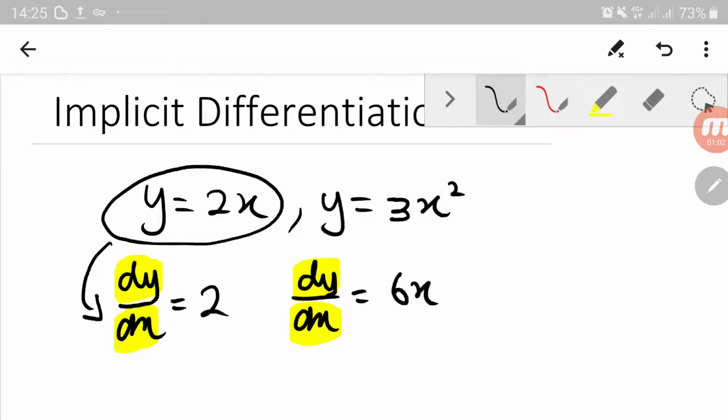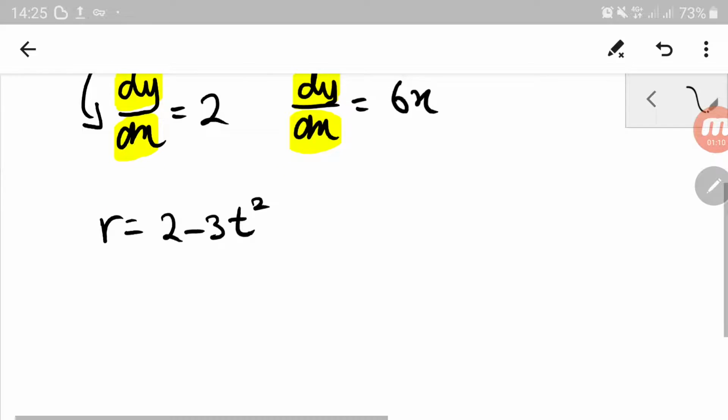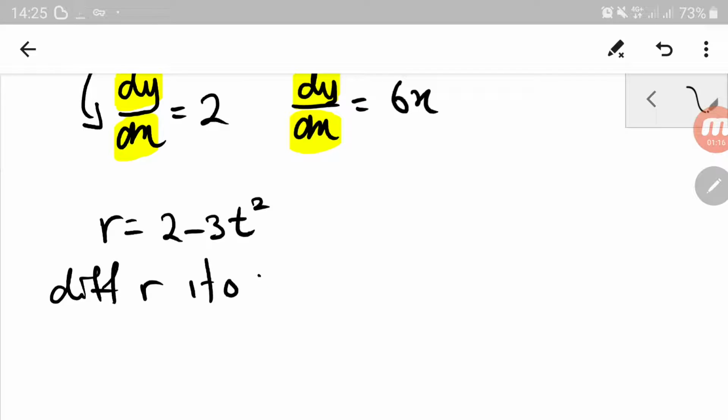Or maybe something like this, 2 minus 3t squared. So we want to differentiate r in terms of t, so it's dr/dt. So what we have is minus 6t.